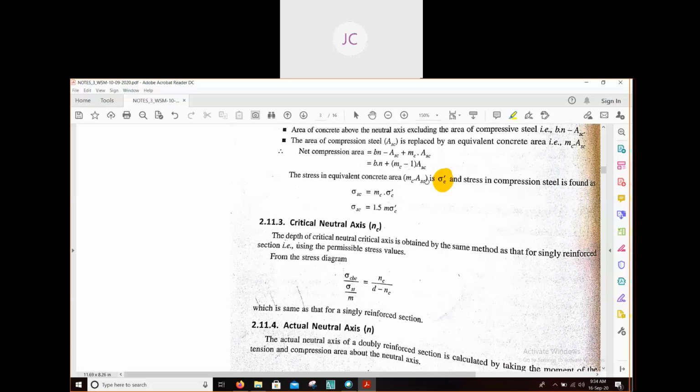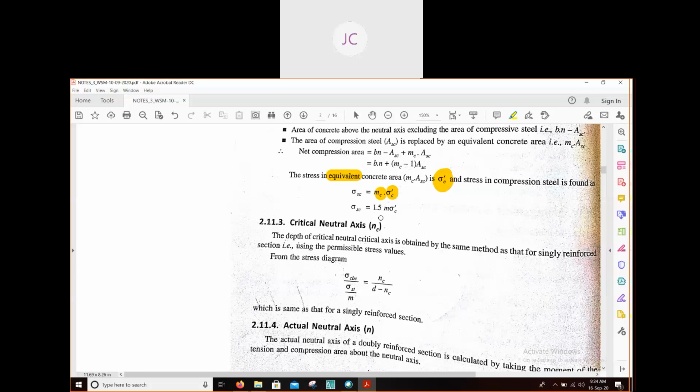We know that, again you can see here the stress in equivalent concrete. Whenever the word equivalent comes, you have to know that we will multiply the value by the modular ratio. So here, stress in steel in compression, that means sigma SC equals MC, the modular ratio for compression steel, into sigma C dash, the stress in that area.